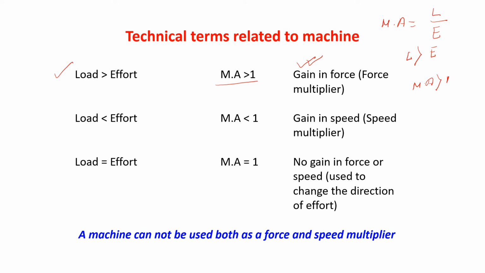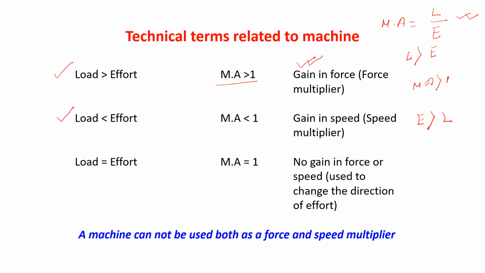Next is if load is smaller than effort. That means effort is greater than load. If this is the case, you see that now the denominator is greater than the numerator.